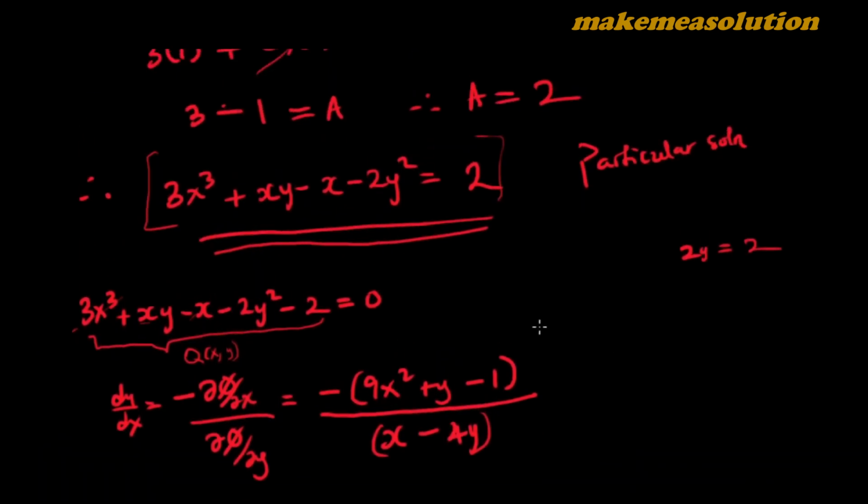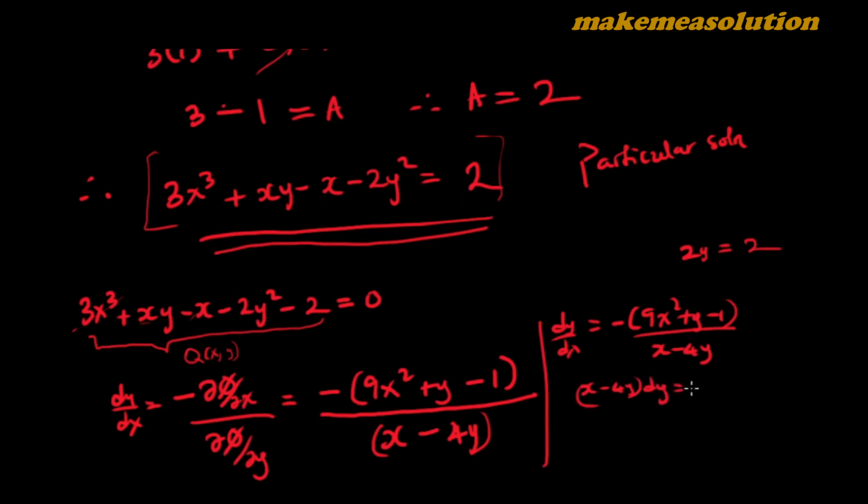So we now have that our dy/dx is minus (9x squared plus y minus 1) divided by (x minus 4y). Now if you rearrange by cross multiplying, you get (x minus 4y) dy is equal to minus (9x squared plus y minus 1) dx.